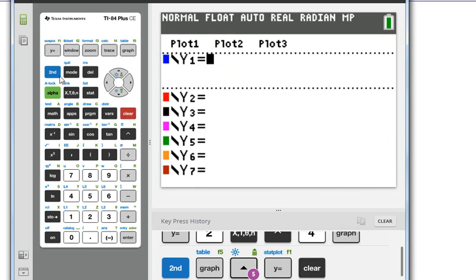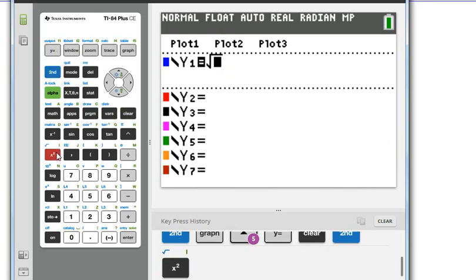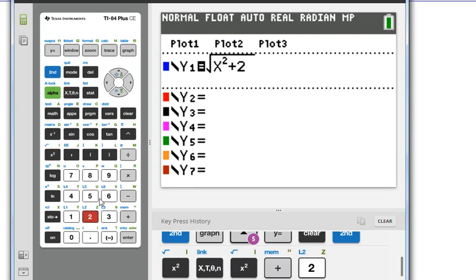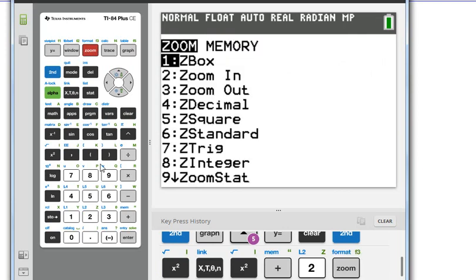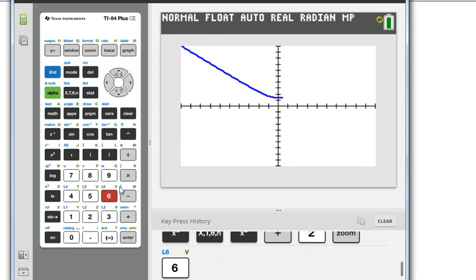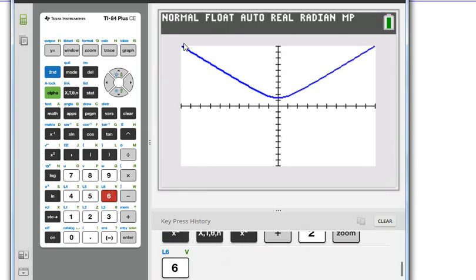So we have the square root of quantity x squared plus 2. And when we graph this function, if I go to zoom 6, this function does look like it has symmetry about the y-axis, so it would be even symmetry.